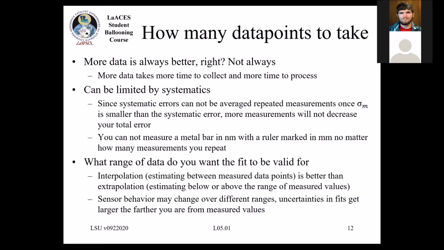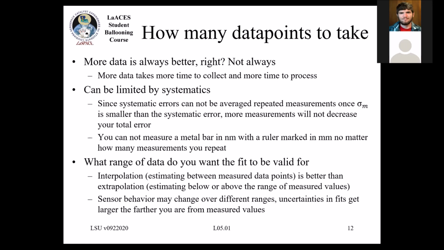Additionally, you want to consider, are you hitting whatever that limit is of your systematics? Since doing a repeated measurement only reduces the random error, once that standard deviation of the mean is smaller than your systematic error, well, you're just going to get the same value over and over again. You're not going to get an improved accuracy.